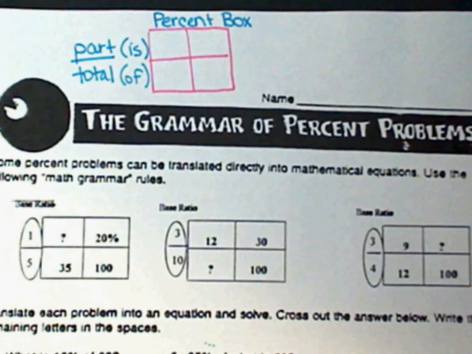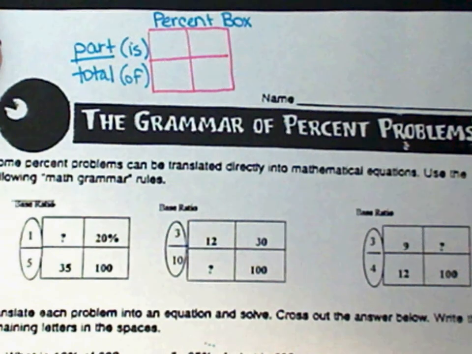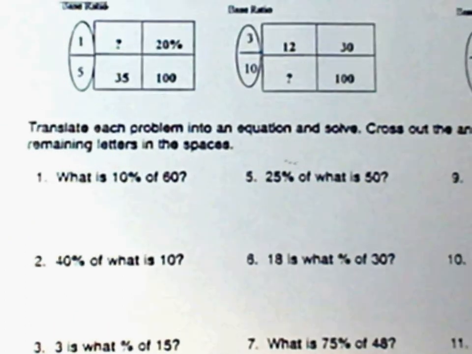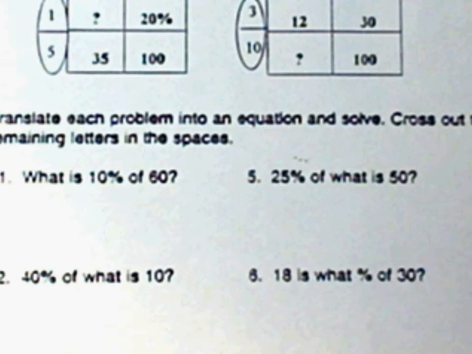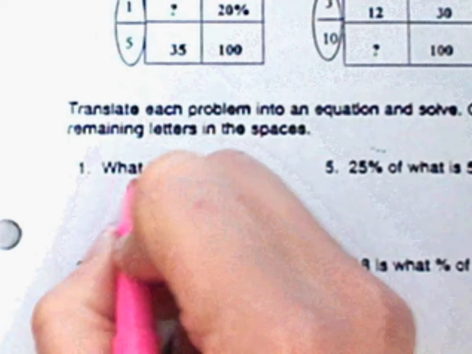So how are we going to use this strategy to help us solve a problem? Let's look at number one. Number one says, what is 10% of 60? Let's set up a proportion box.